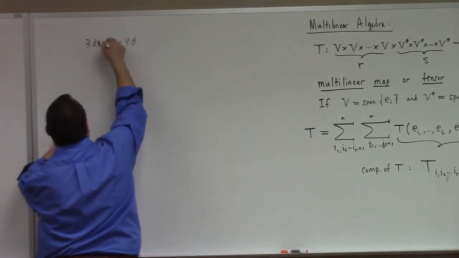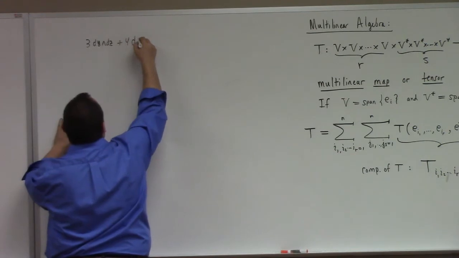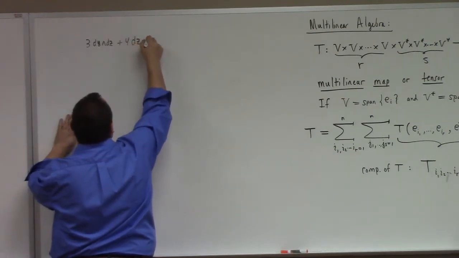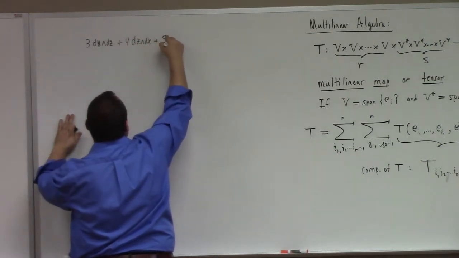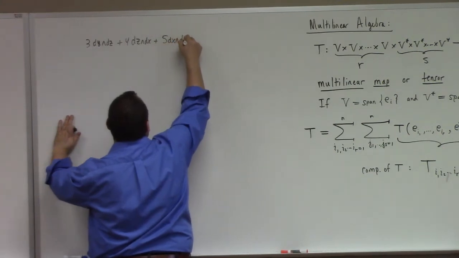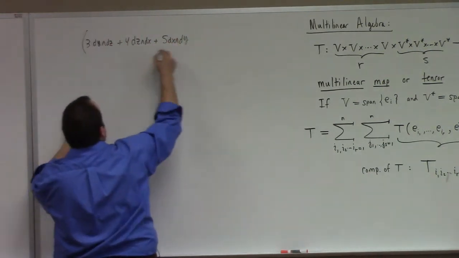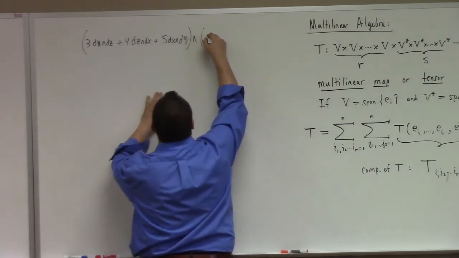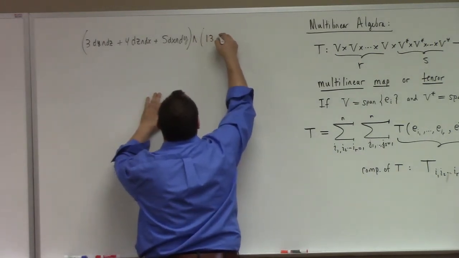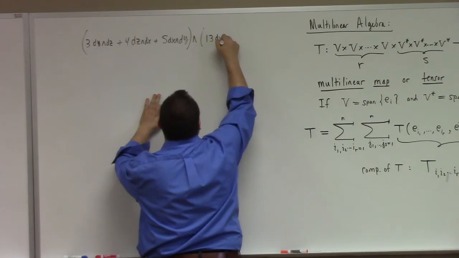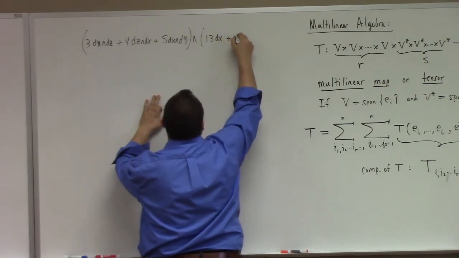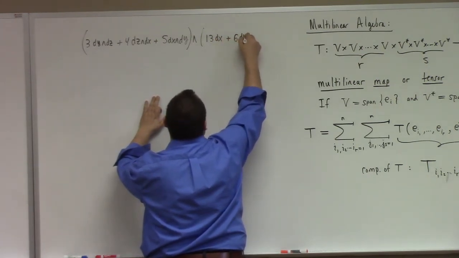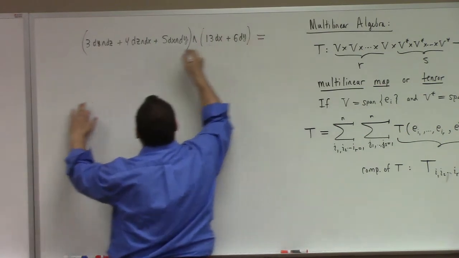That was supposed to be 3 dy wedge dz, and then 4 dz wedge dx, and then 5 dx wedge dy. So take that, and let's take the wedge product of that with, I don't know, like 13 dx plus 6 dy. How's that work?